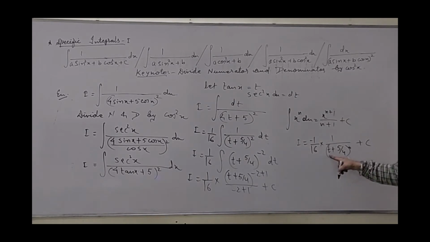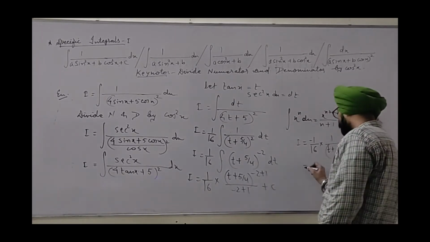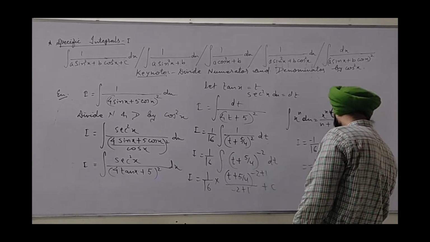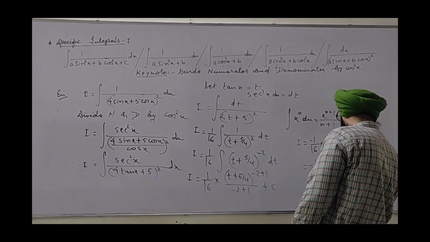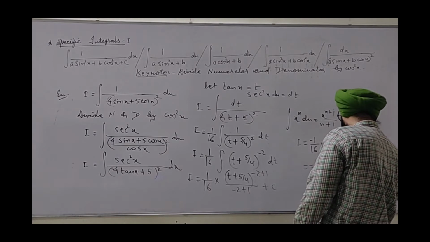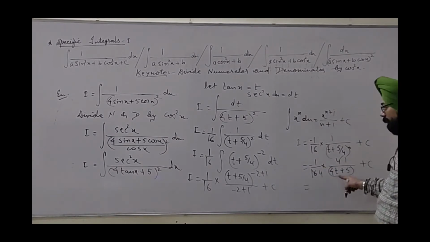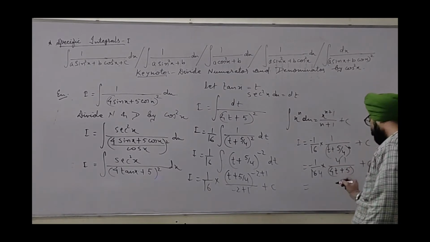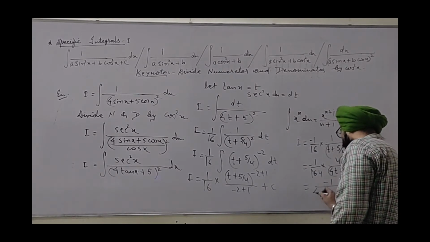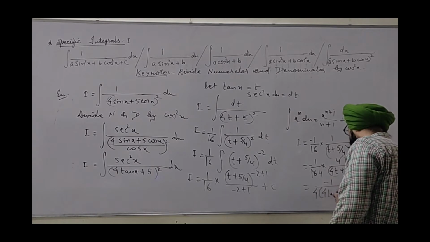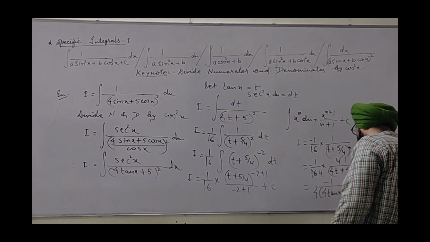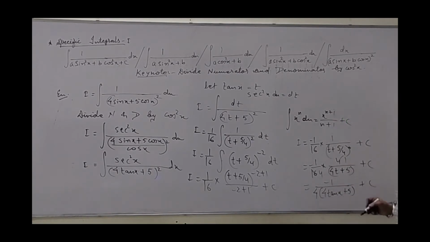Now this can be simplified by taking LCM. So we get minus 1 by 16 into 4 upon (4t plus 5) plus c, after cancellation. This t also can be substituted as tan x. So finally I is minus 1 upon 4(4 tan x plus 5) plus c. So we have got this answer.